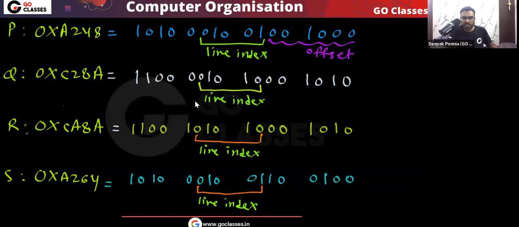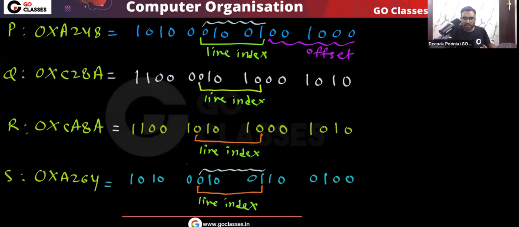Means the block containing Q will map to this line number, and the block containing R will map to this line number. The block containing S will map to this line number, and the block containing P will map to this line number. Of course, P comma S belong to the same block, so they will map to the same line. You can easily notice this line index and this line index are the same because P comma S belong to the same memory block. So that is the reason you can easily see this line index here and this line index here are basically the same.